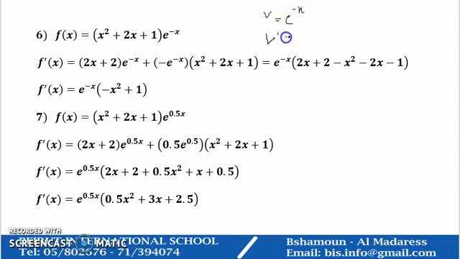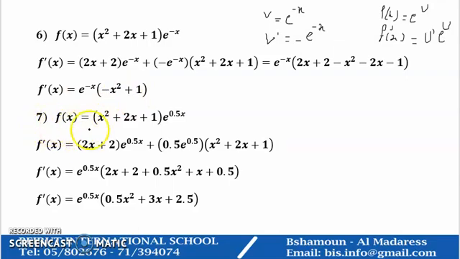So v prime equal minus e^(-x), by using f of x equal e^u, then f prime of x equal u prime e^u. So we obtain here (2x plus 2) e^(-x) plus the derivative of e^(-x), which equals minus e^(-x), times (x squared plus 2x plus 1). This gives us e^(-x) times (minus x squared plus 1).